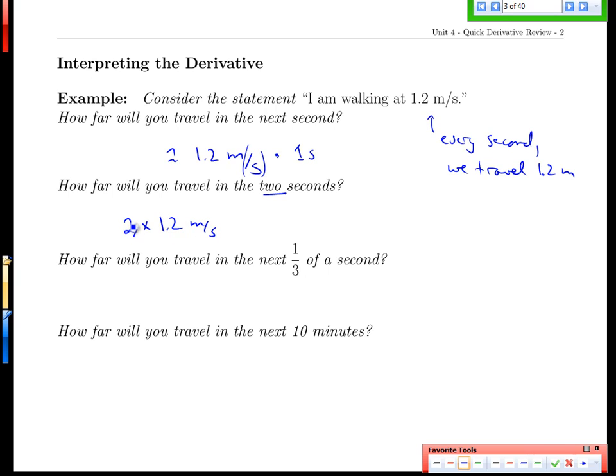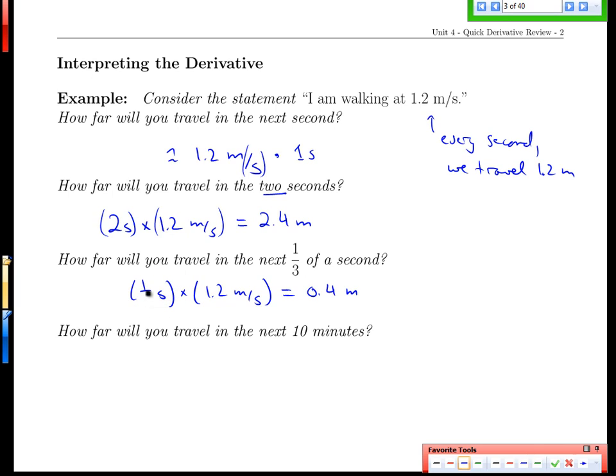And again, units work out nicely here because we have 2 seconds, the interval, times our 1.2 meters per second, and we get 2.4 meters. Fairly straightforward. What about a third of a second? Well, we see the pattern already, right? We're going to take our time interval, 1/3 of a second, multiply that by our speed, and we're going to get 1/3 of that, which would be 0.4 meters.